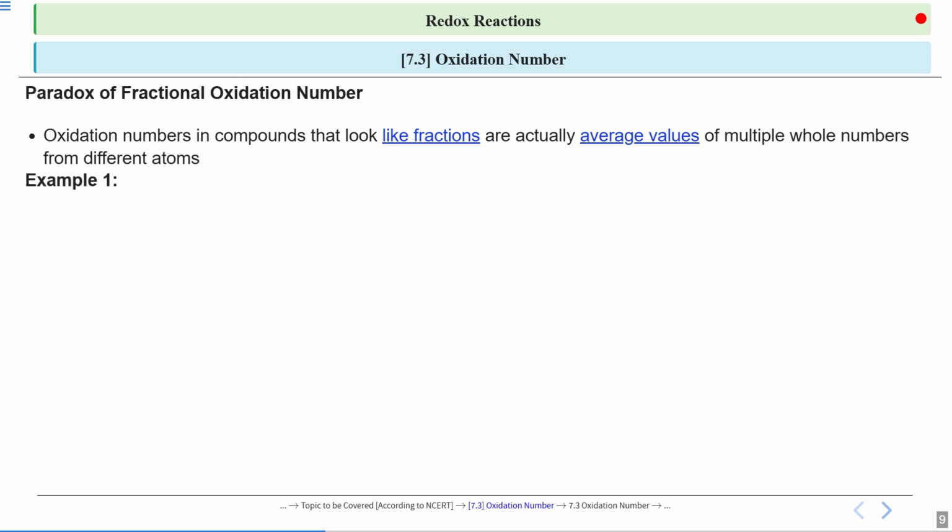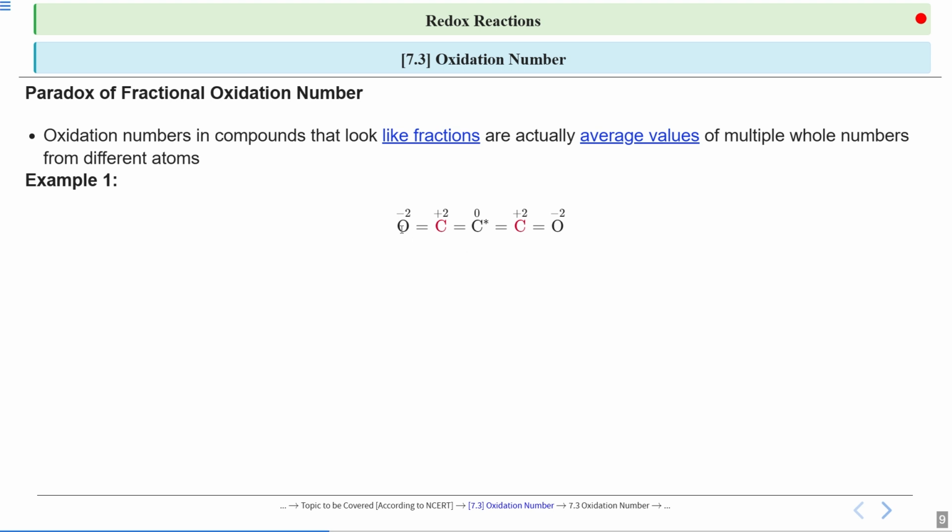So first of all, let's take an example, C3O2. This is carbon suboxide. You will find that in carbon suboxide, C3O2, there are 3 carbons and 2 oxygens which are linked in this manner.